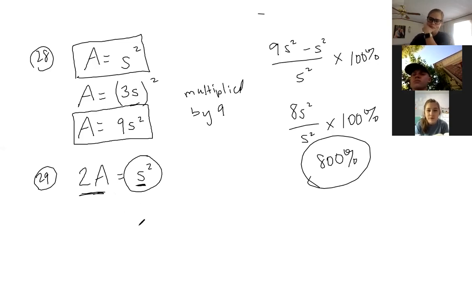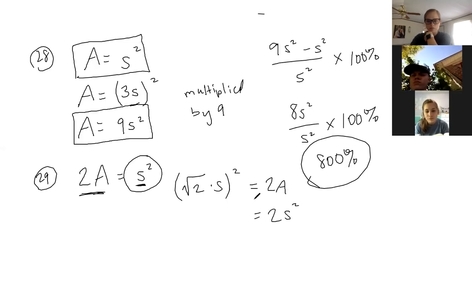The square root of 2. You got it. If I multiply the square root of 2 times s and then square that, what would I get? Would I get 2 times the area, or 2 times s squared? Well, the square root of 2 times s times the square root of 2 times s, that's this squared.